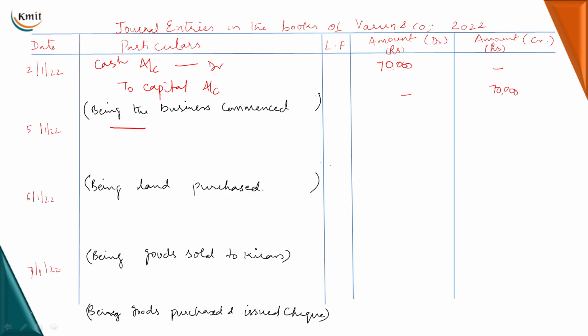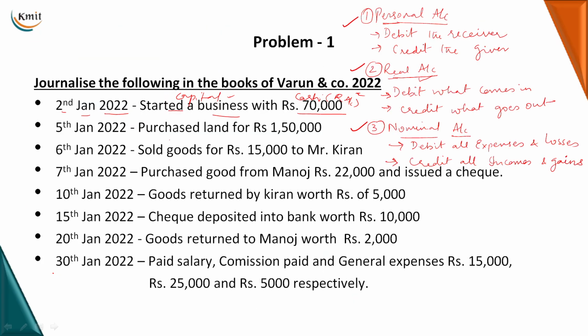Now coming to the second transaction. Second transaction on 5th of January 2022: purchased land worth rupees 1,50,000. Again this is cash. For this much amount he has purchased land.